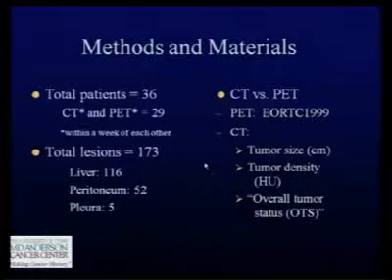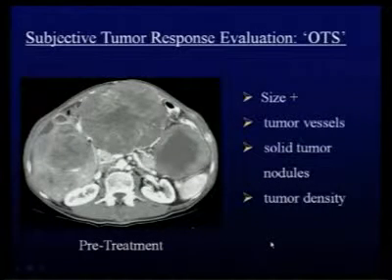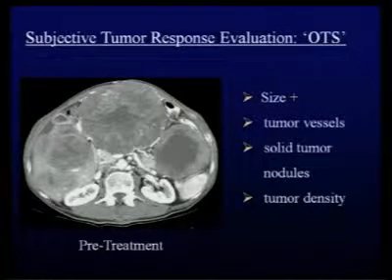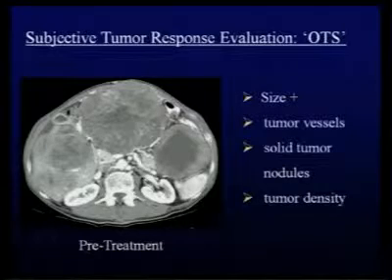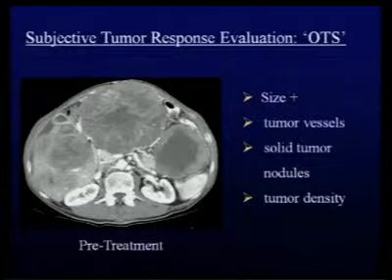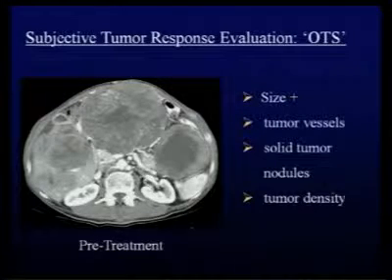The tumor density can be easily measured by just putting the cursor, a region of interest, on the computer, and the computer automatically gives you the numbers. And then the third parameter we called overall tumor status. Overall tumor status is simply a subjective observation, using the radiologist's bare eyes, and we're looking at the entire characteristic of the tumor, in addition to tumor size.